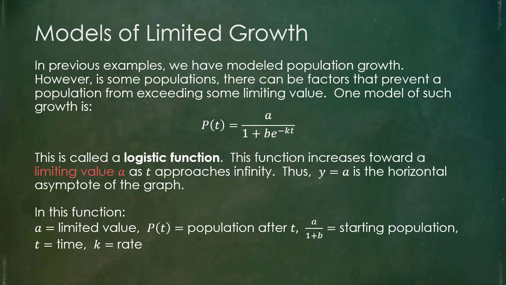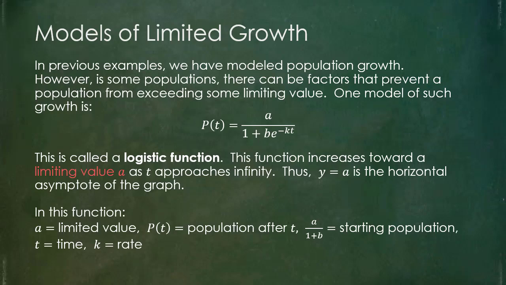Notice there still is that idea of e to a power, even though it's an e to the negative kt, which seems like it should be a decay model because that power is in the denominator. The negative power on the bottom can be interpreted as a positive power in the numerator, which is why this is still technically a growth model.